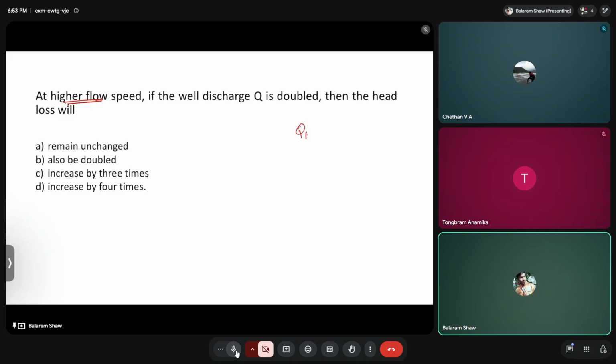Now if Q2 is double, that is 2 into Q1, then what will happen? We can write Q2 as m1 into H2, or head difference. Then you can write this as 2Q1 equals m1 into H2. You see here what is happening to head.